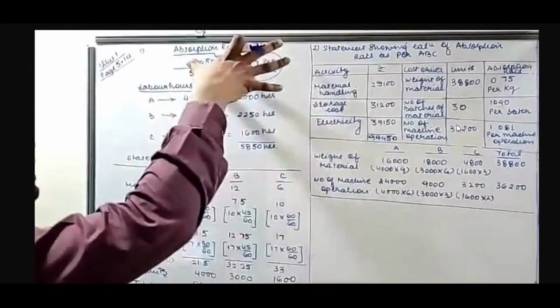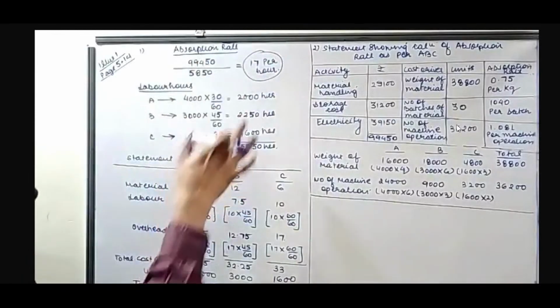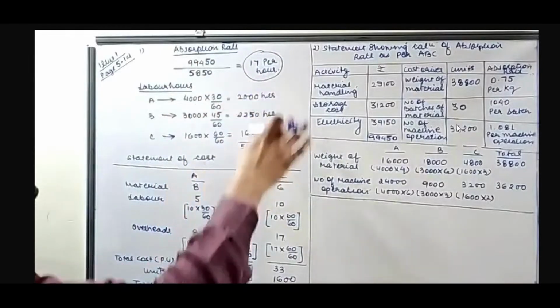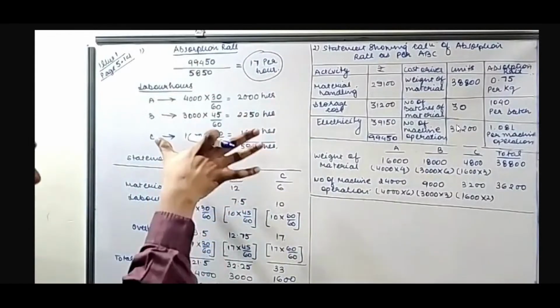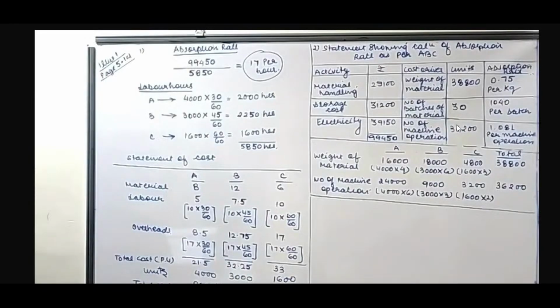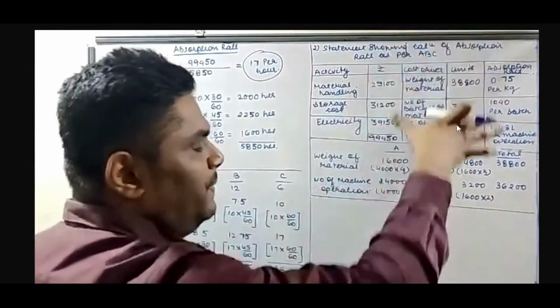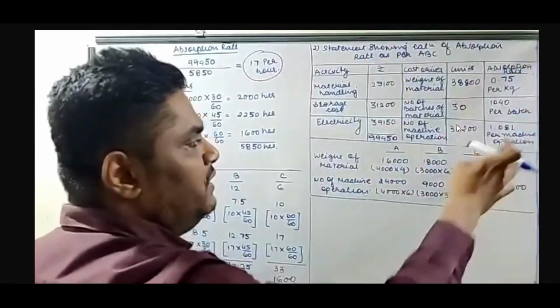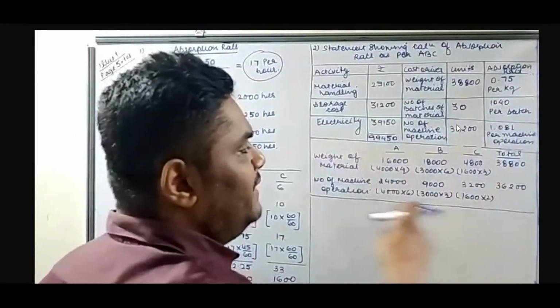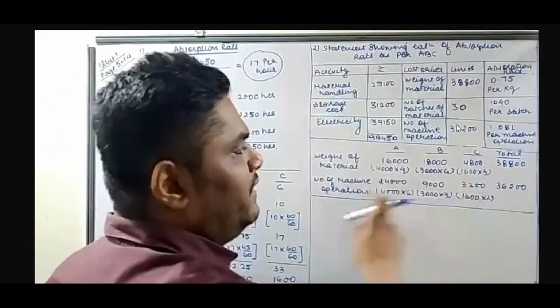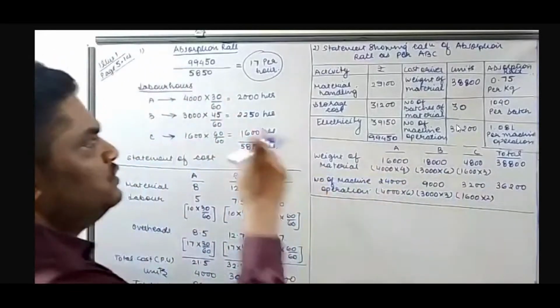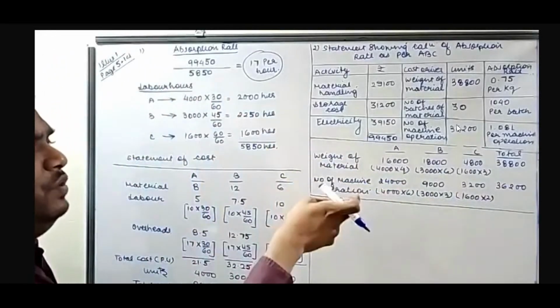That is, first absorption rate, because this data is not given. Then the statement of cost as per traditional approach. Then as per ABC also, we have to prepare this statement. This exercise we did because the data is not given clearly. So these two working notes may vary from question to question.